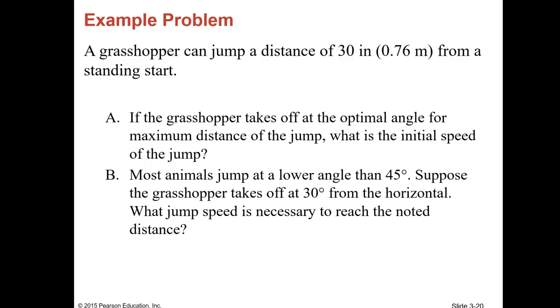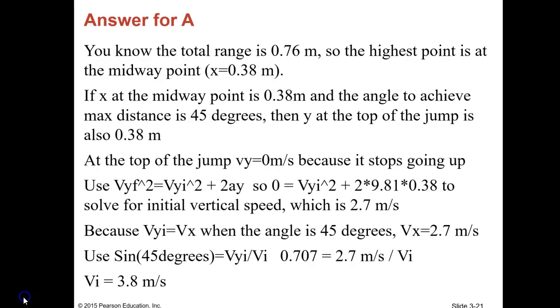So we know that the angle is 45 degrees, and we can figure out the initial speed. For letter A, here's how you solve it. You know the total range is 0.76 meters. So the highest point of the arc is halfway there, or when x is equal to 0.38 meters.